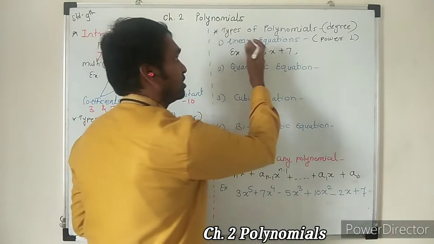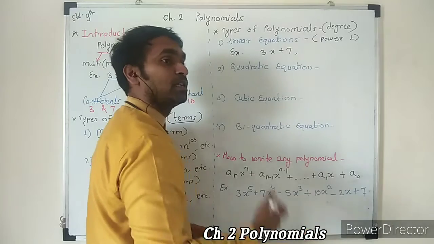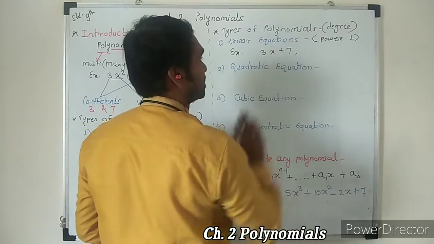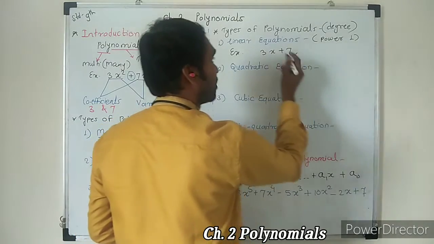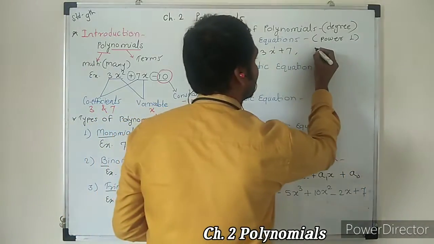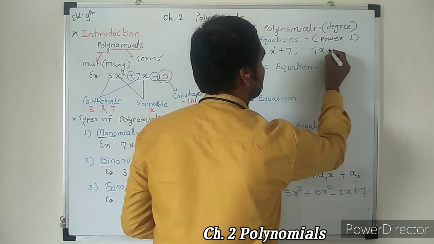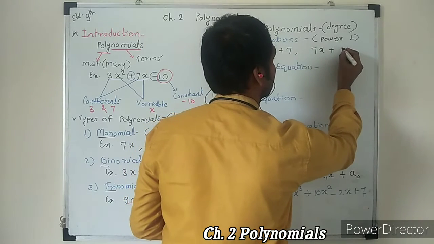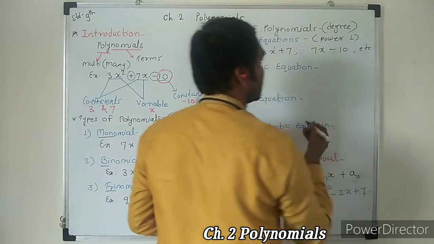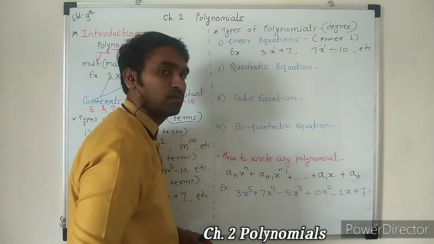That is a linear equation in one variable, or a linear equation in two variables. Next, 3x plus 7. This only depends on the power. So here the power of x is 1. Next, one more example, suppose 7x minus 10, etcetera. Here also the power is only 1.